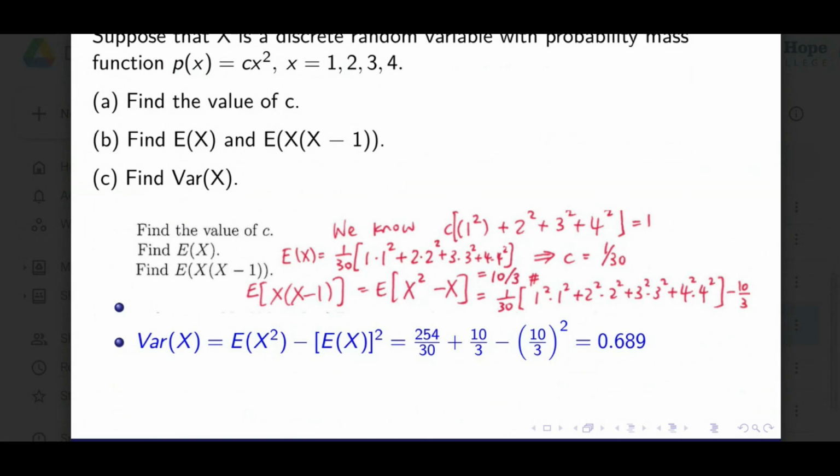I don't know whether this subtle point is getting through to the class. When you learn a new operator, you actually are not allowed to do anything unless you're authorized to do it. So I'm authorizing you to say that you can break up a minus sign and do it separately as E of X squared minus EX. But I've not proven that yet.